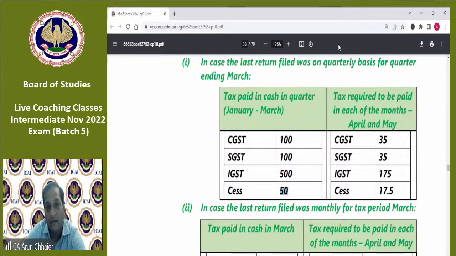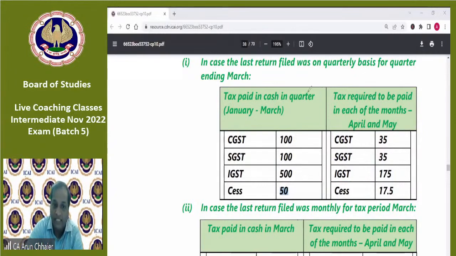So what will you say? In the month of April and the month of May, M1 and M2, you will pay 35% of the liability of the previous quarter. Is it clear? Kindly confirm.